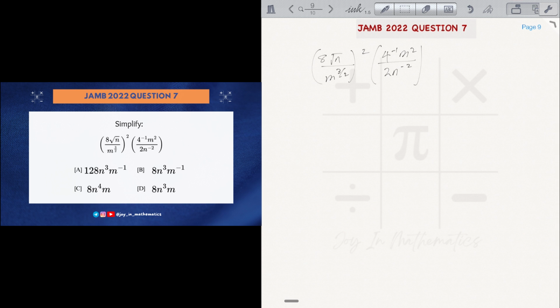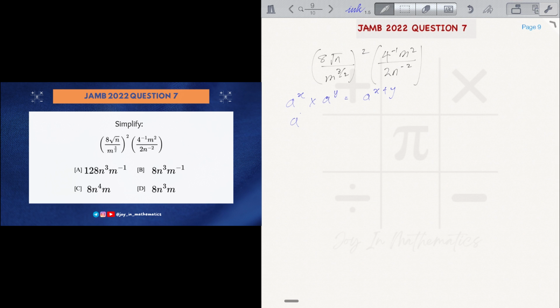Now before we proceed, let's recall the laws of indices. If you have indices of the same base, let's say a raised to the power of x multiplied by a raised to the power of y is equal to a raised to the power x plus y.